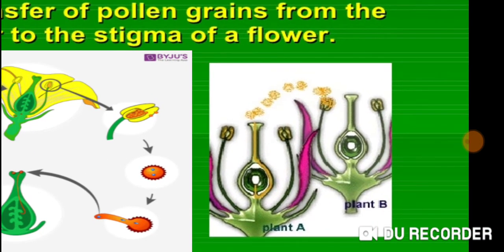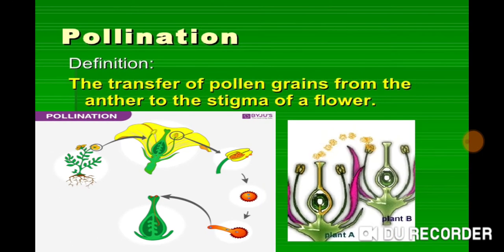This process can also take place between two flowers of two different plants. This is plant A and this is plant B, from this anther to this stigma. So this movement is known as pollination.